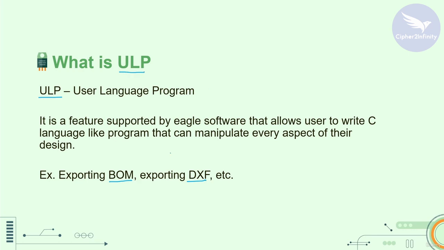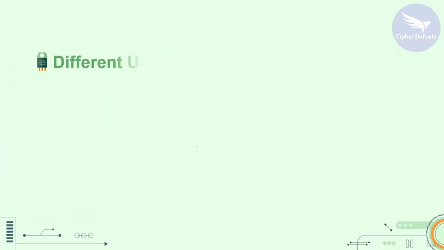Now let me show you the different ULPs whose demonstration I'm going to show you in this video. The first ULP whose demonstration I'm going to show you is import DXF file. I will show you how to import the DXF file by running a ULP.